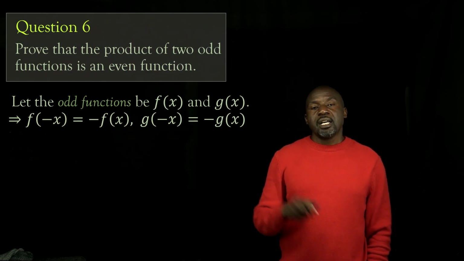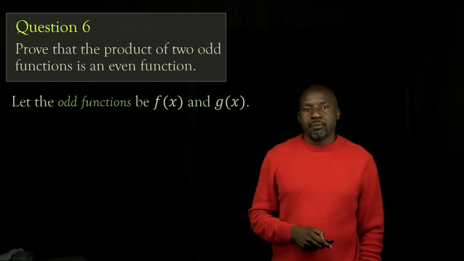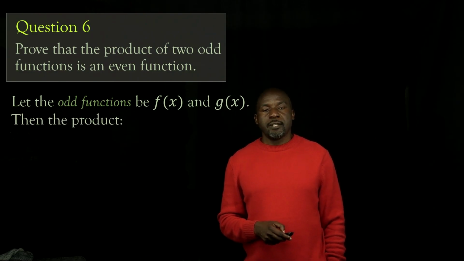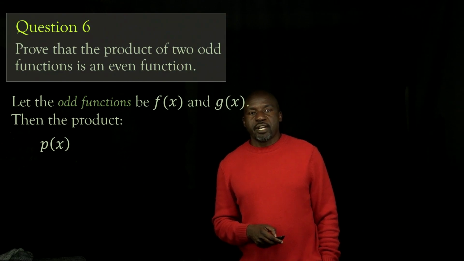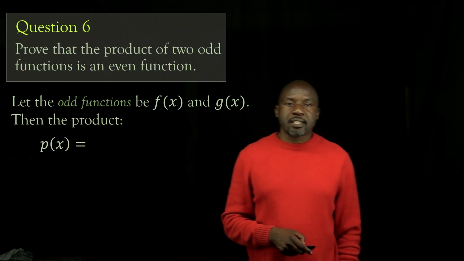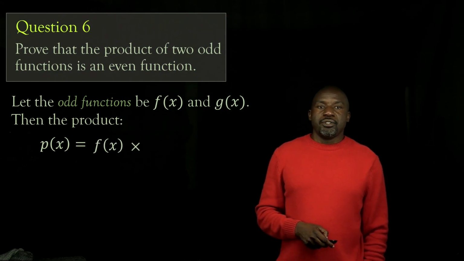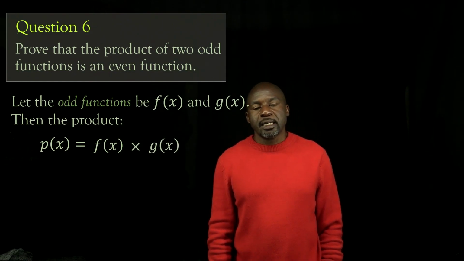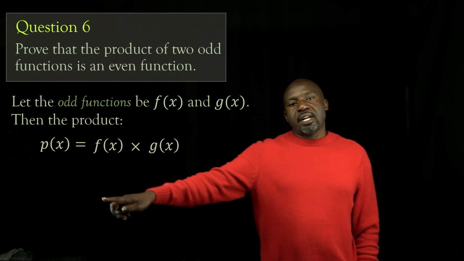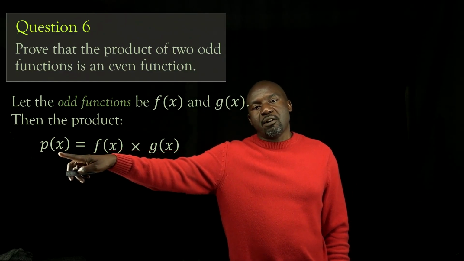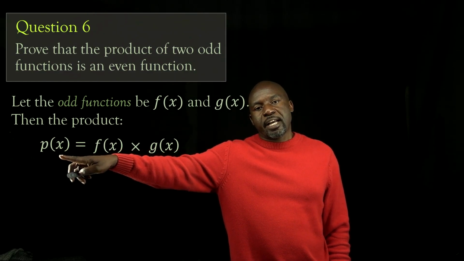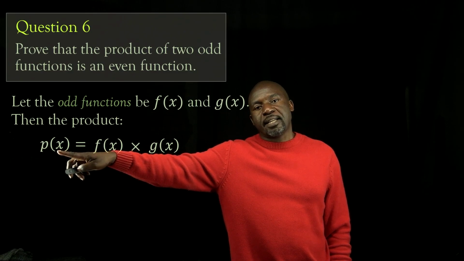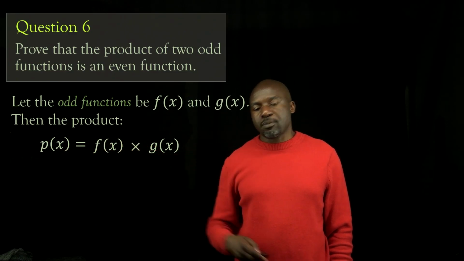Keeping that in mind, now we're going to let the product be represented by a letter p. Let the product p of x be equal to f of x times g of x. Now our next part is to look for p of minus x, and see if p of minus x turns out to be the same thing as p of x.